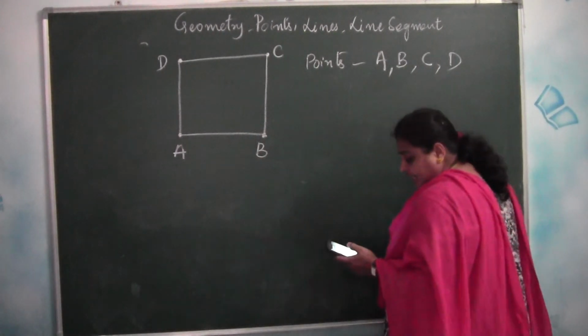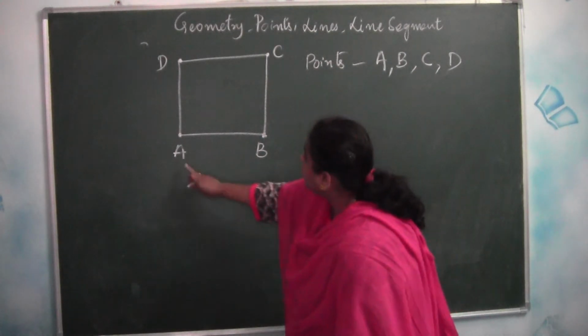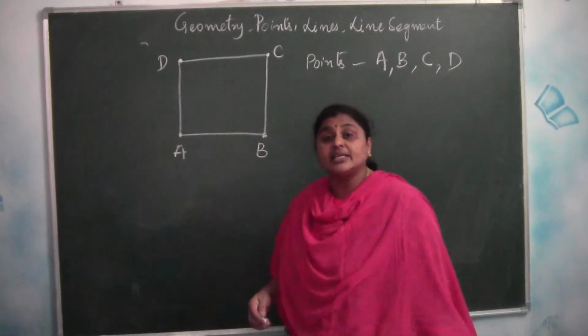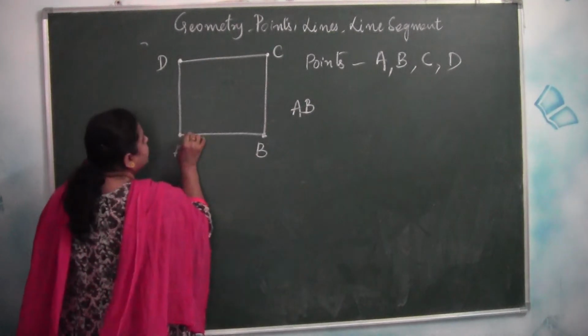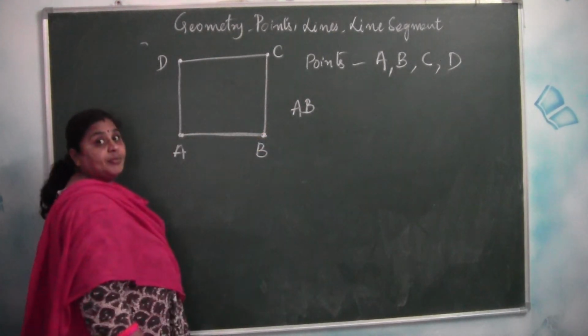And next, what are the line segments here? If I take line segment AB, how do we represent the line segment, children? This is the line segment and it has a starting point and also an ending point.